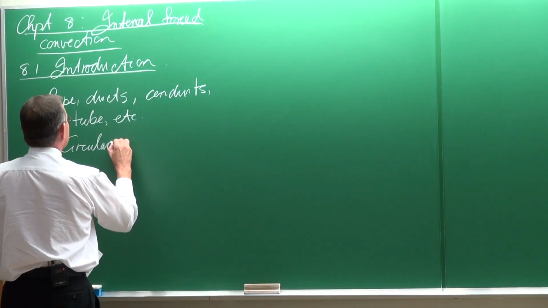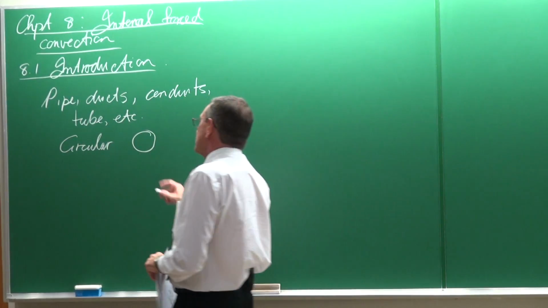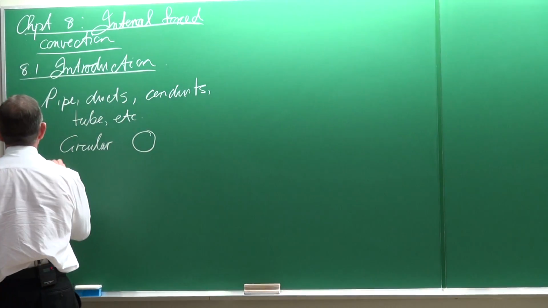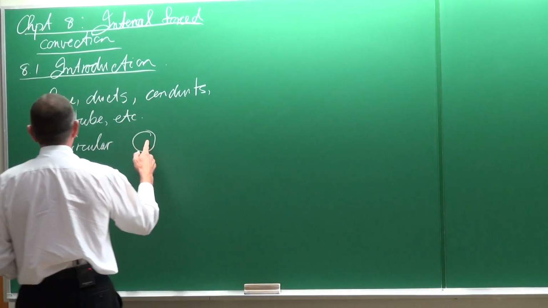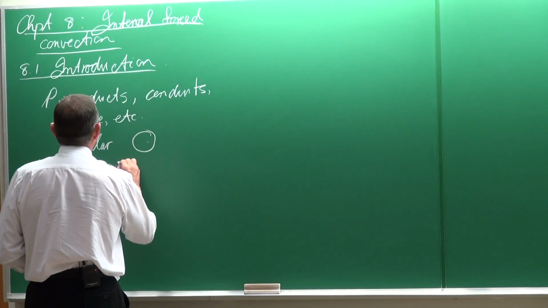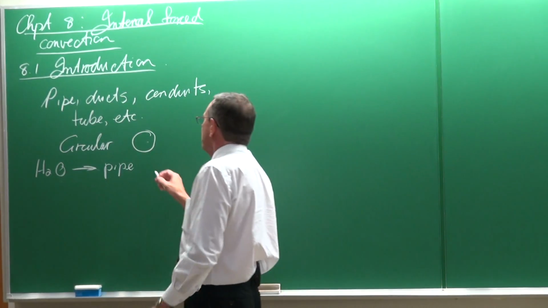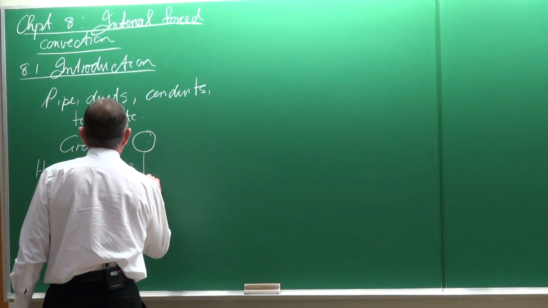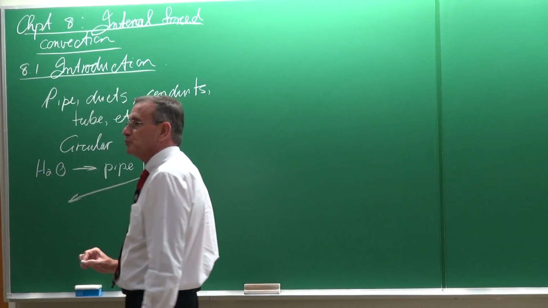If the geometry is circular, like that, and if water flows through it, then there are some people that would say if it is circular and water flows through it, then we will refer to it as a pipe. Then there's another category of people that said, well, no, actually there's a difference between pipes and tubes.